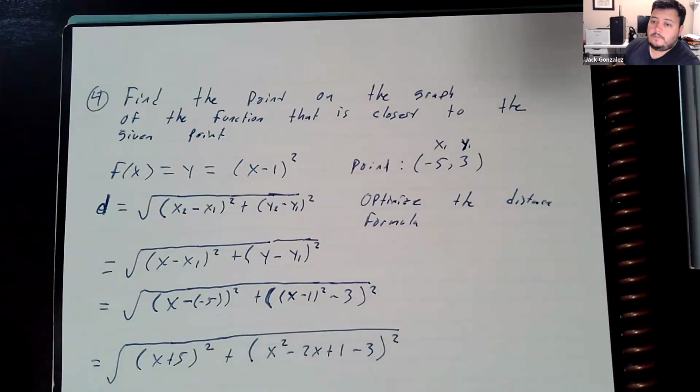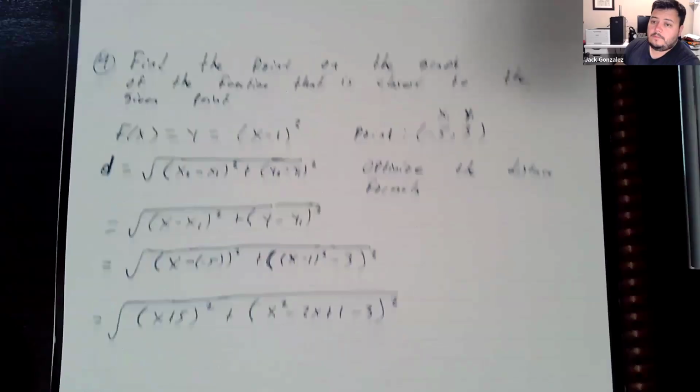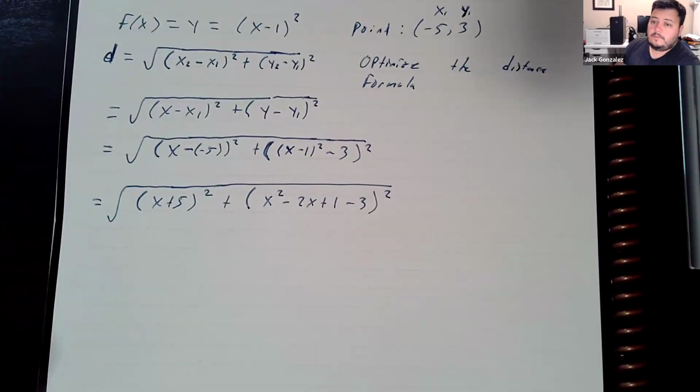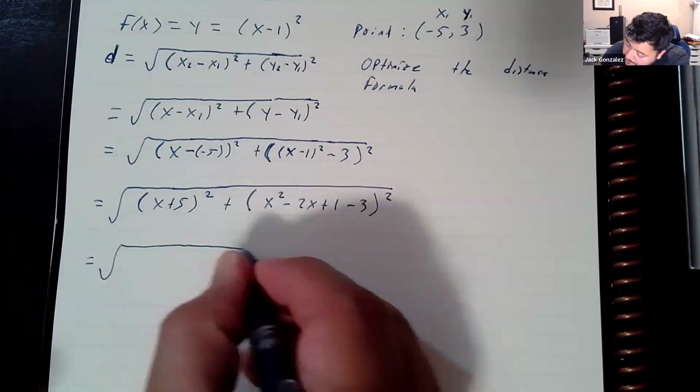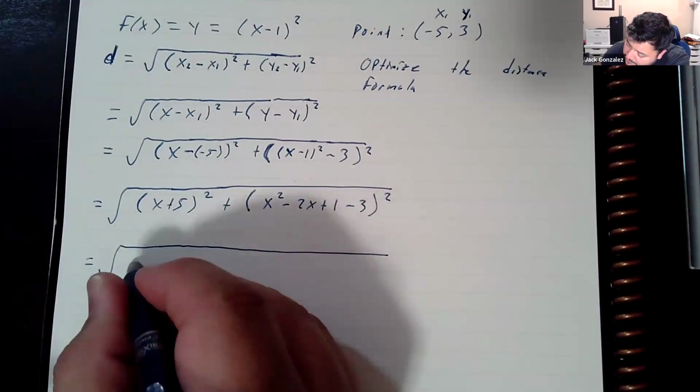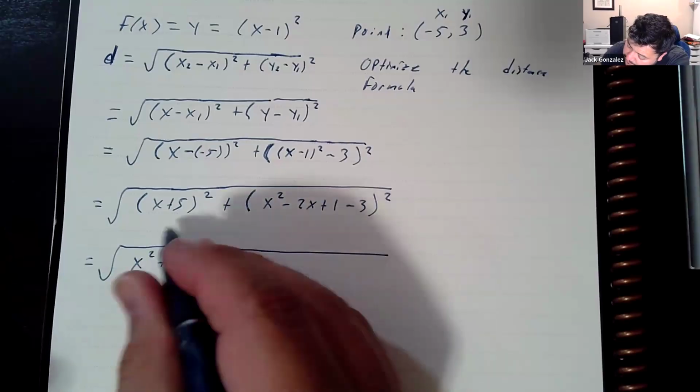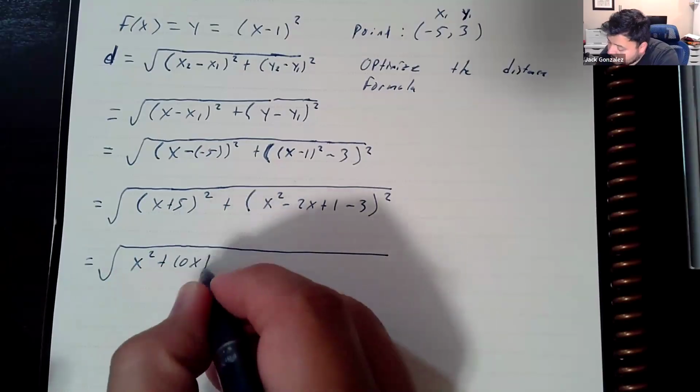Okay. Let's multiply all that garbage. That'll be x squared plus 10x plus 25.